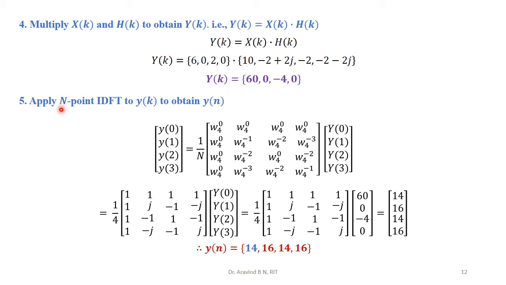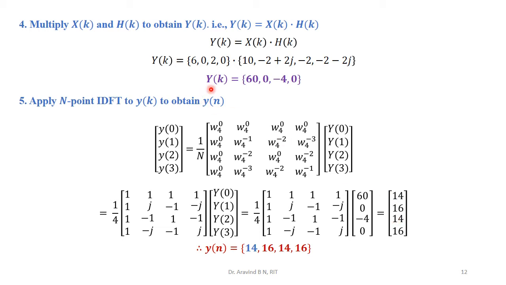One more step, apply N point IDFT to Y of k to obtain y of n. So the IDFT matrix relation for N equal to 4 has been applied. The IDFT substitution has been done and then the IDFT values have been obtained.